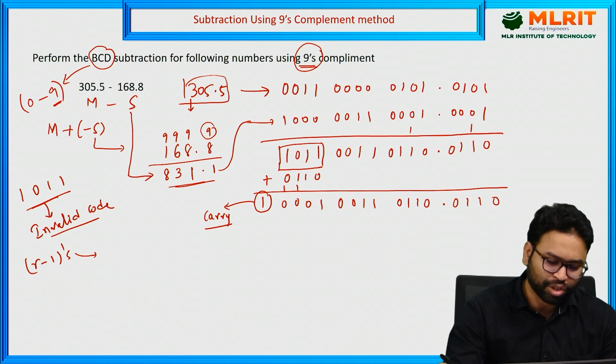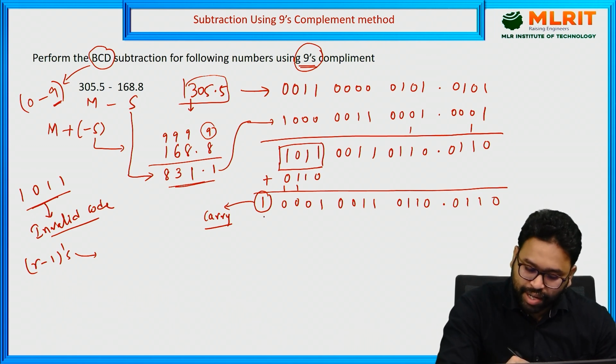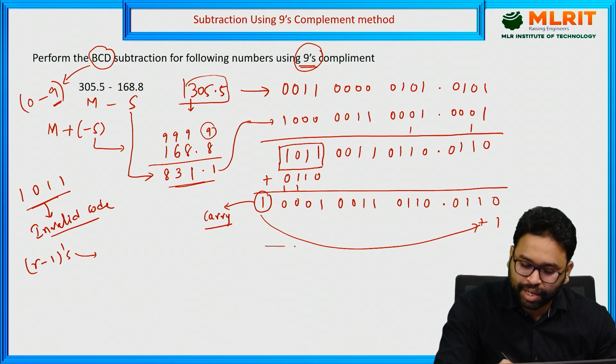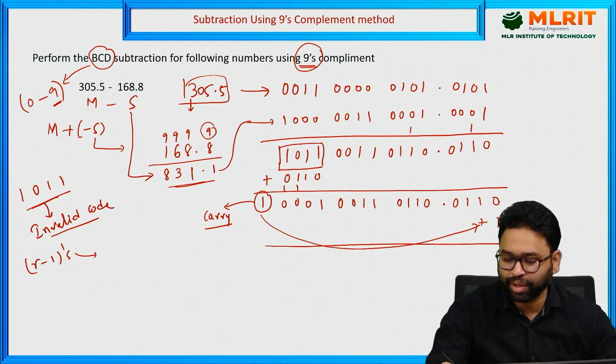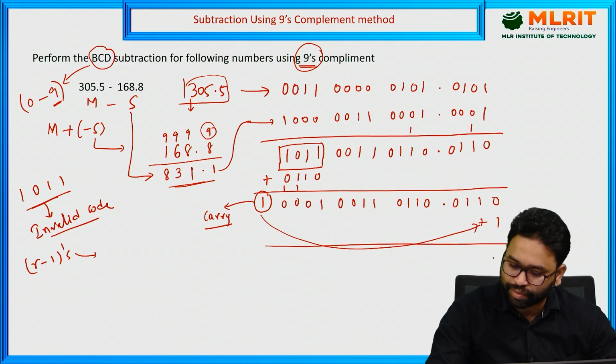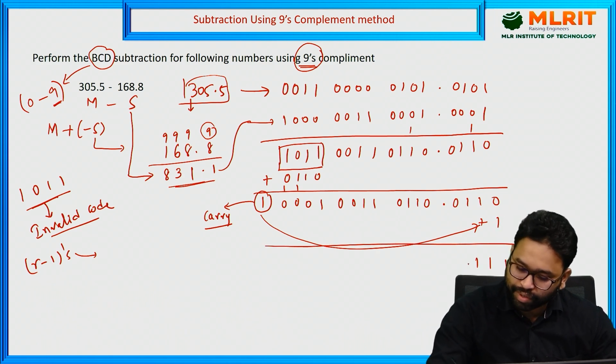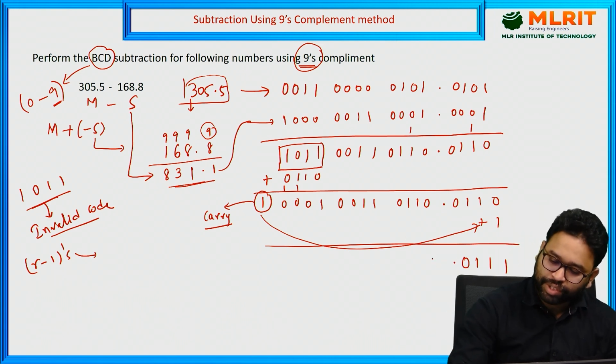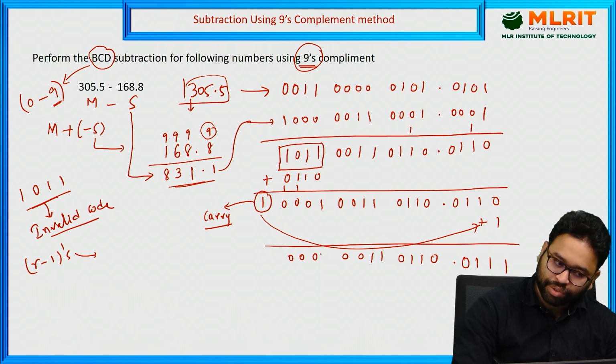For that you are supposed to add it. Now simply add this carry here so that we will get our correct result. Okay, 0 plus 1, 1, and again 1, and again 1, and again 0, and the remaining values are 0, 1, 1, 0, 1, 0, 0, 0, 0, 0, 1.